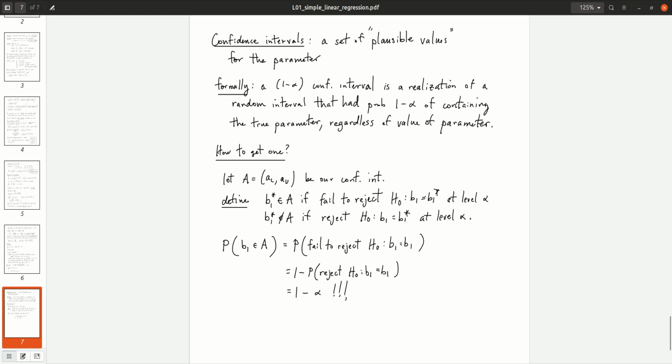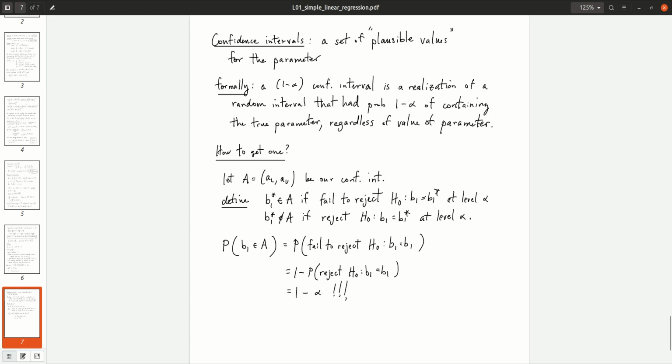So let's leave them as variables here. And the way we're going to construct this confidence interval is we're going to do a whole bunch of hypothesis tests at level alpha. So you can imagine picking a really fine grid of hypothesized values for B1, call those B1 star.